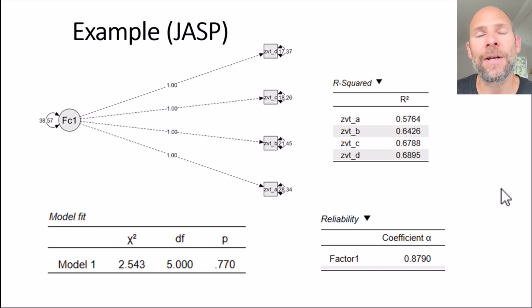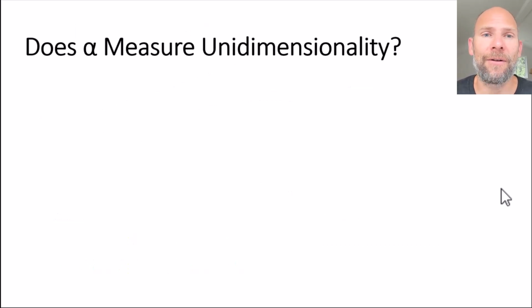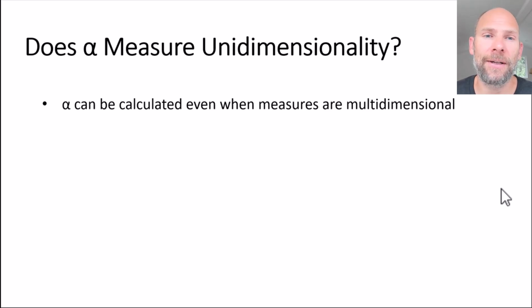Now let's talk about the question of whether alpha measures unidimensionality. And the answer to this question is no, because alpha can be calculated even when measures are multidimensional.